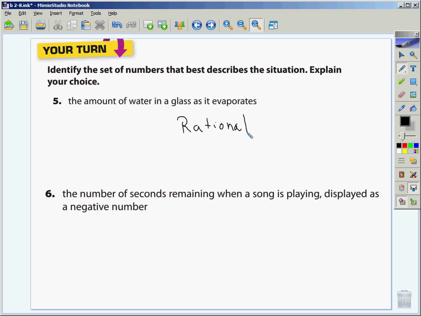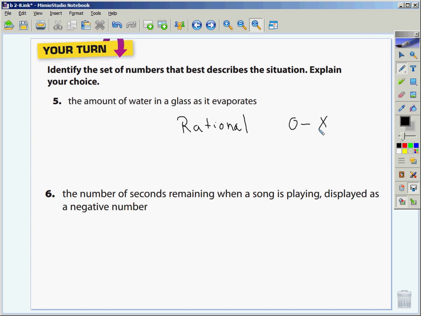Because it is a measurable amount, it would be an exact figure, not something that is non-ending and non-repeating. It would be a measurable amount. And it would be between however much you started with and 0. It can't get down to more than what? It can't get below 0.